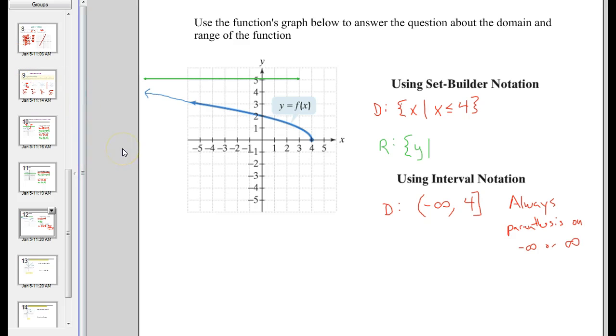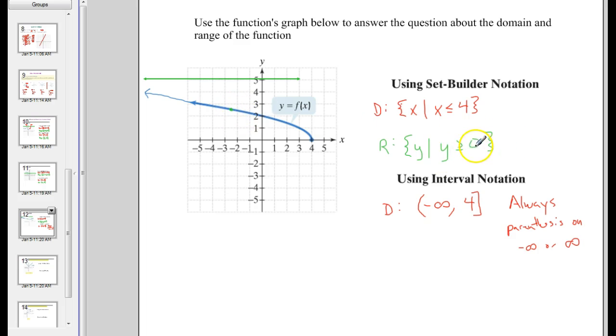Okay, so there is no highest y, so we just write y is bigger than or equal to, because it's closed, the lowest y. The lowest y here again is 0. So every y coordinate bigger than 0 is included, like for instance right there, the y coordinate there is positive 2.5.